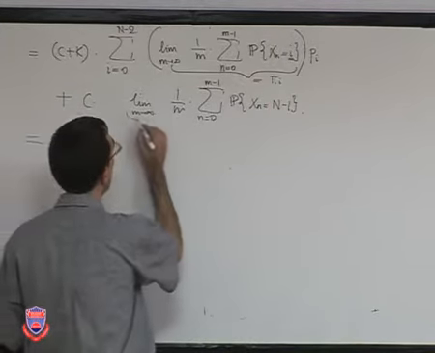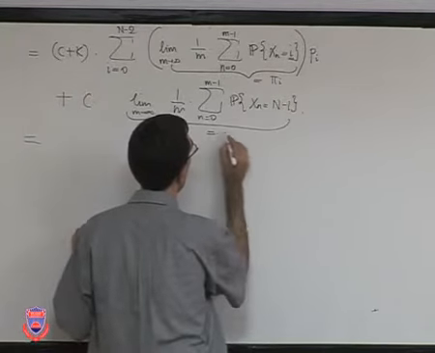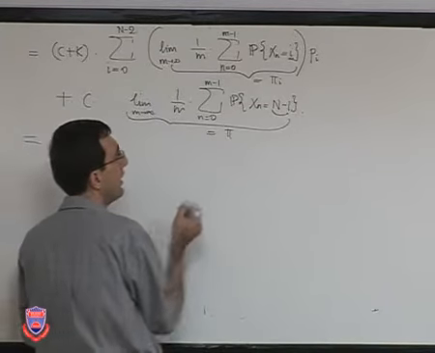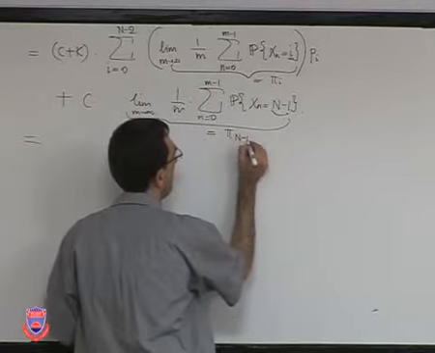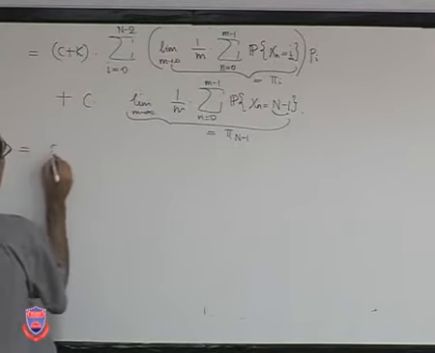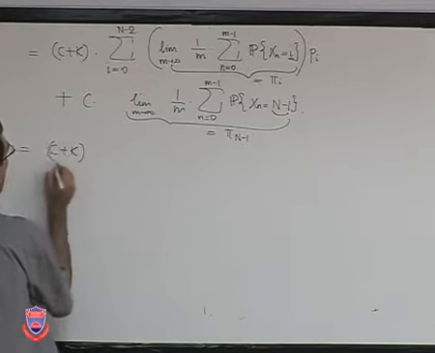And it is the same for this one. So this is the same as pi, the fraction of time spent by this chain in state n minus 1. It's pi_{n-1}. And then we can now further simplify the expression.